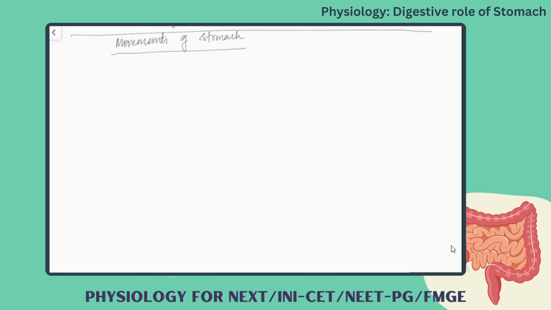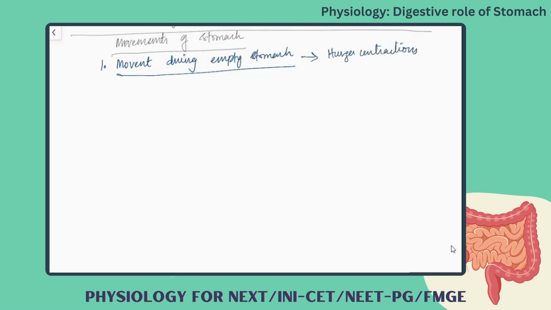In the movements of the stomach, the first movement is during an empty stomach, that is before meals. This you term hunger contractions. Once a hunger contraction starts, it will go up to the ileum.